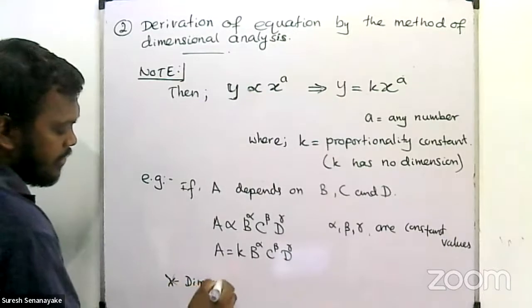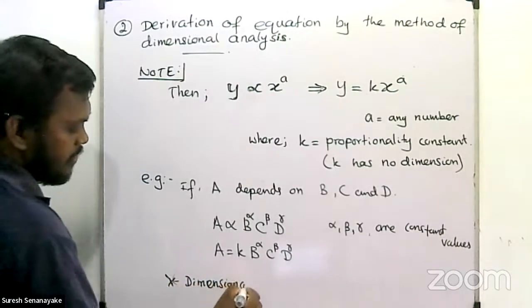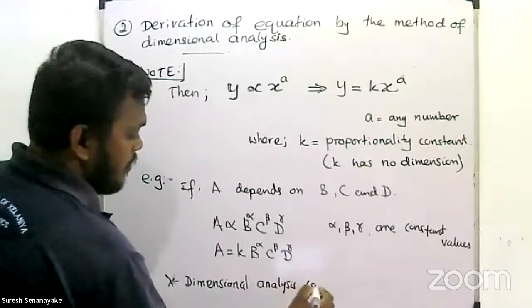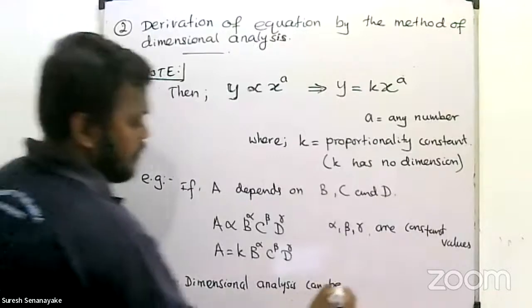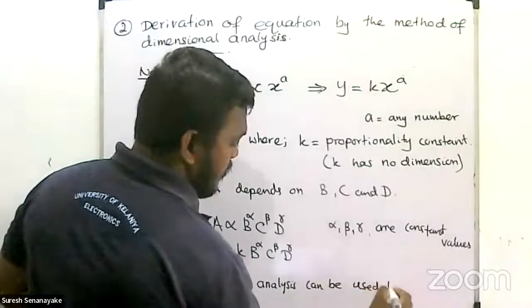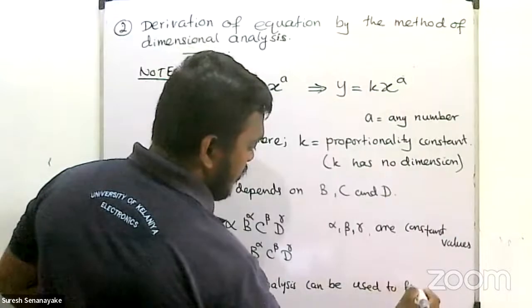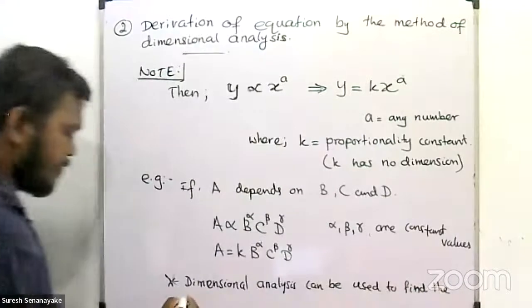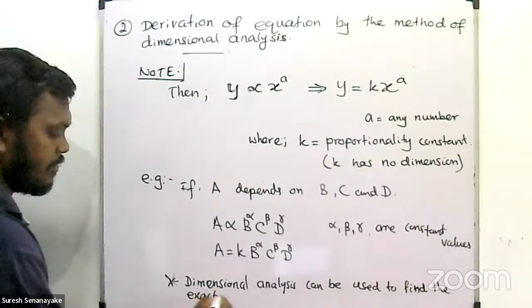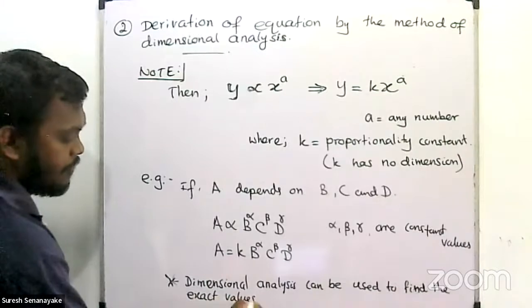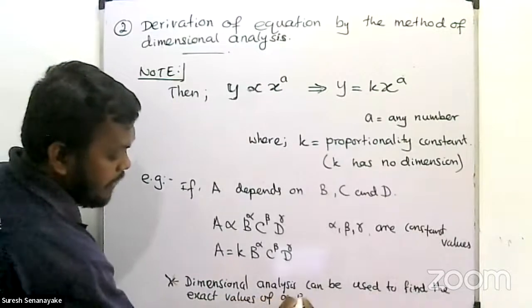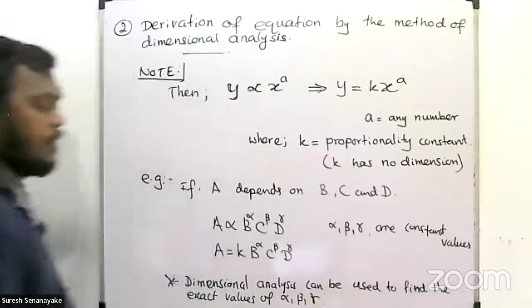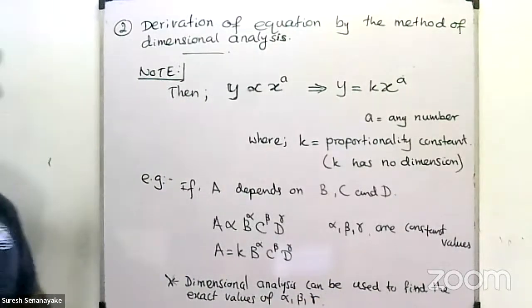Using dimensional analysis, find the exact values of alpha, beta, and gamma.